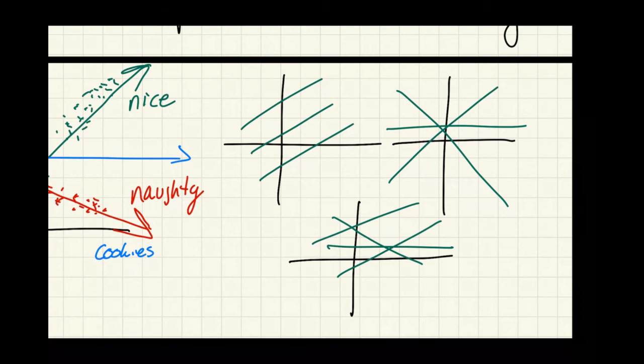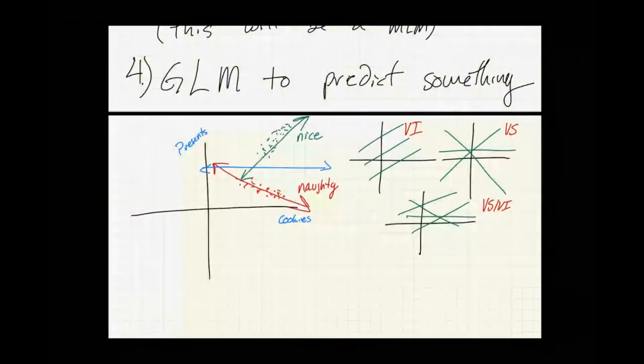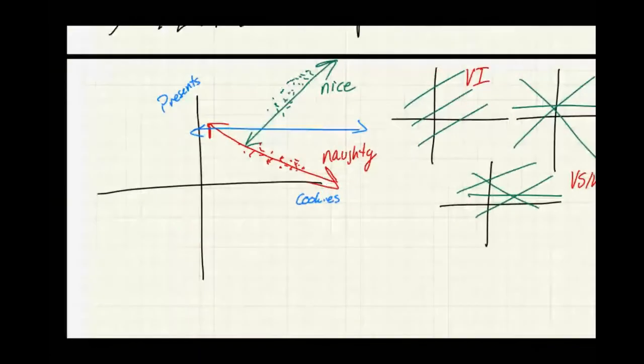So this is the varying intercept, this is the varying slope, and this is the varying slope, varying intercept model. We will have these three different kinds of models, and you can always have more than that entailed in a multi-level model. You can have multiple different slopes that all vary and things like that.